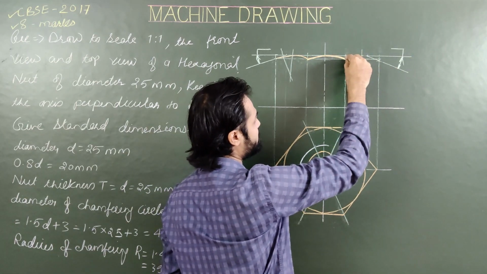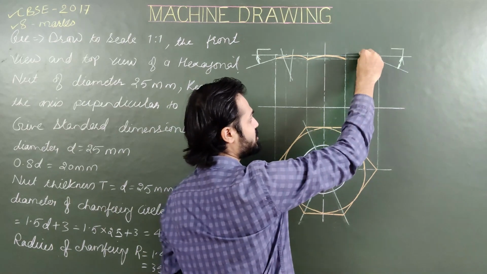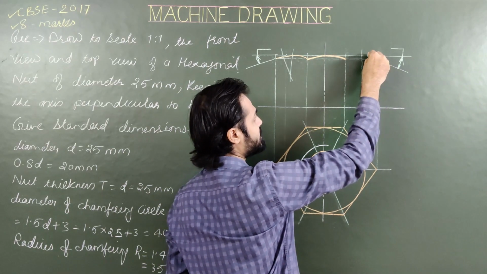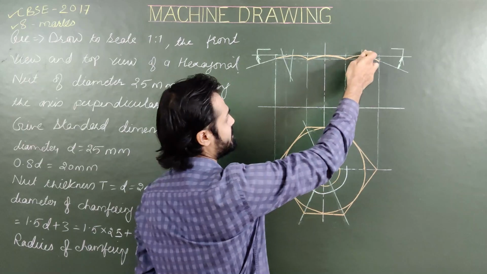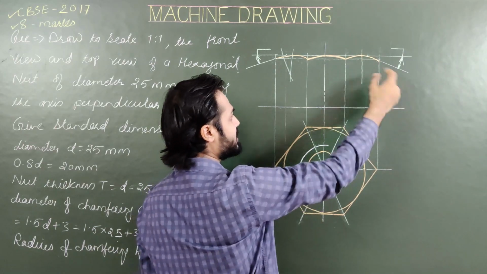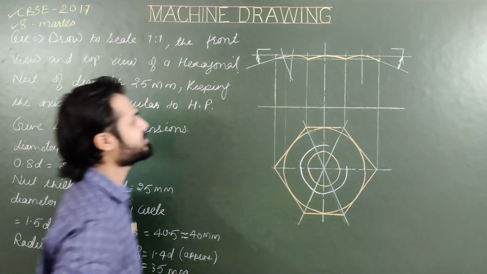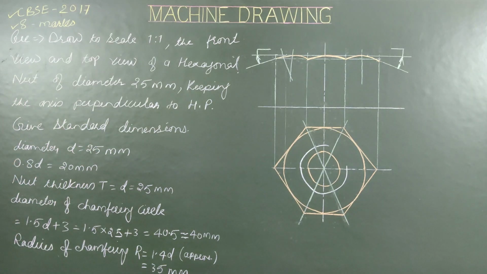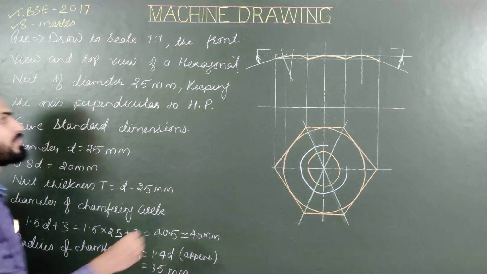So start from this point, go to this point, up to this point like this. Mark a suitable center, take a suitable radius and draw this arc. So this is your final front view of the hexagonal nut, the upper part of the front view.